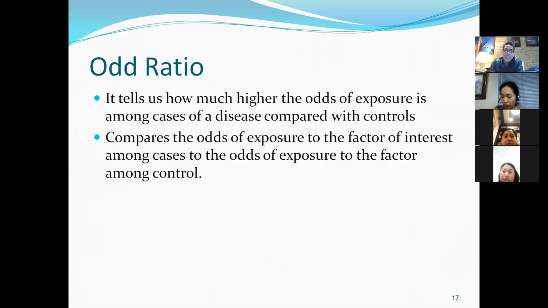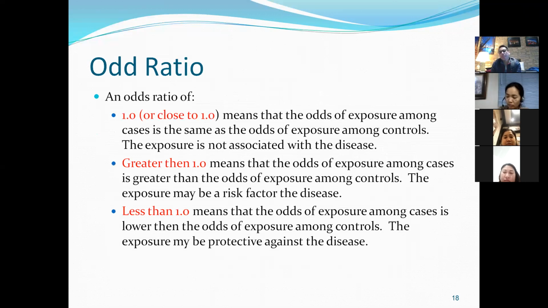So compare the odds of exposure to the factor of interest among cases to the odds of exposure to the factor among controls. So basically, as I mentioned earlier, when your odds ratio is 1, that simply means nothing.